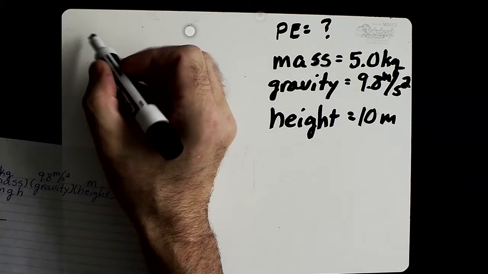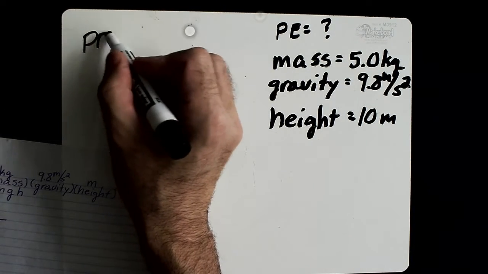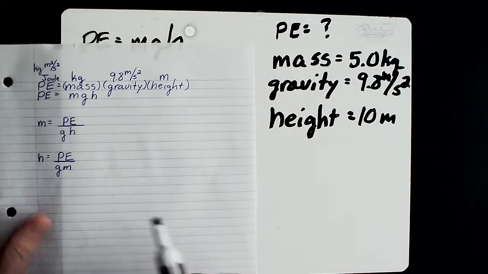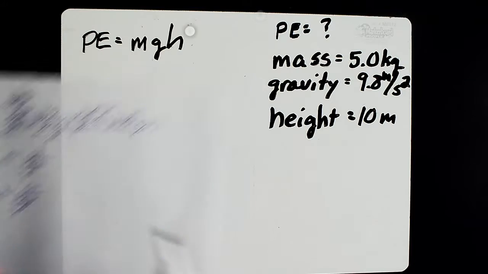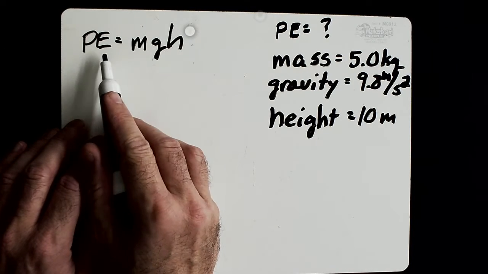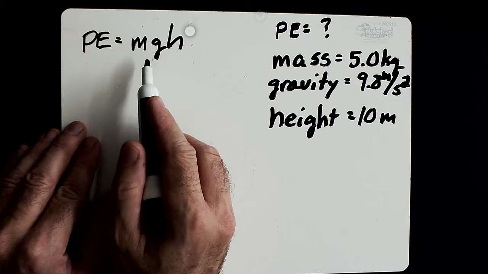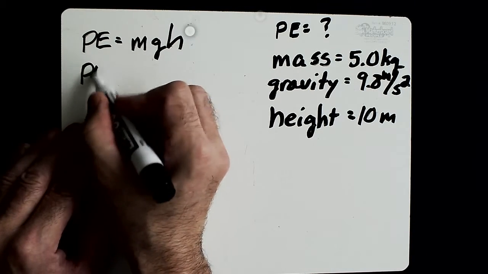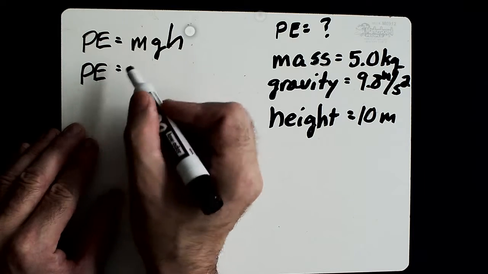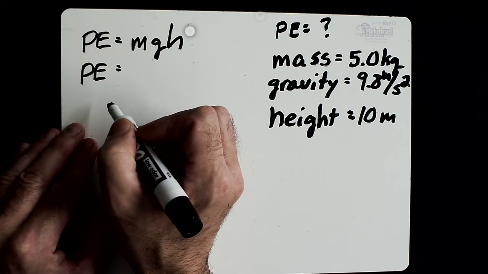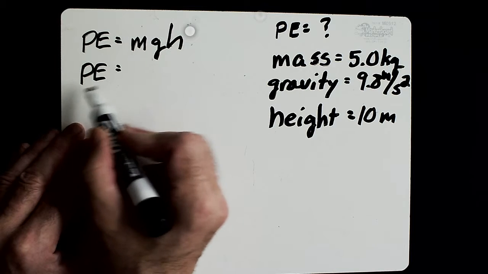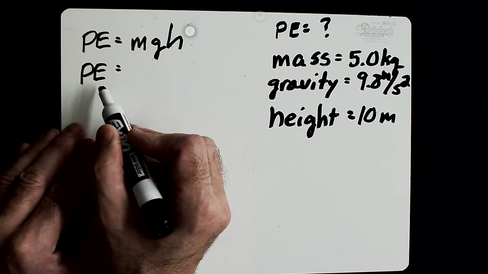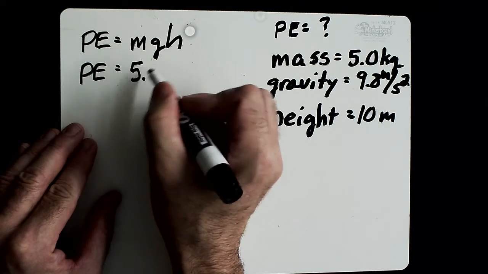All you have to do, again, is take this equation, mgh, and I'm just copying it right here. These are the instructions, like I've said before: take these numbers and put them where the equation says to go. So PE, that's potential energy. That's not two variables. This is one thing, potential energy. Mass is 5.